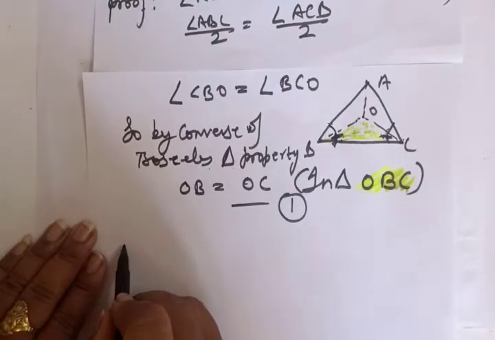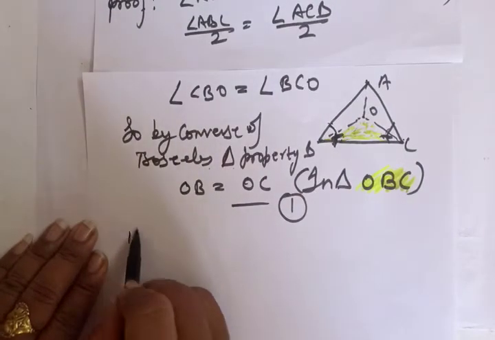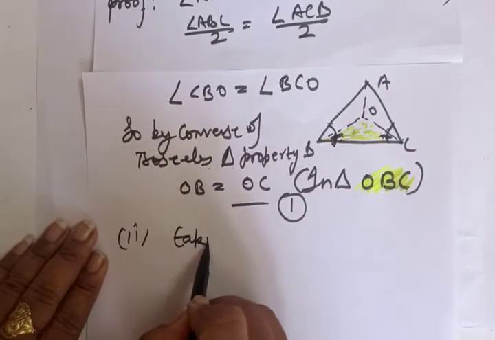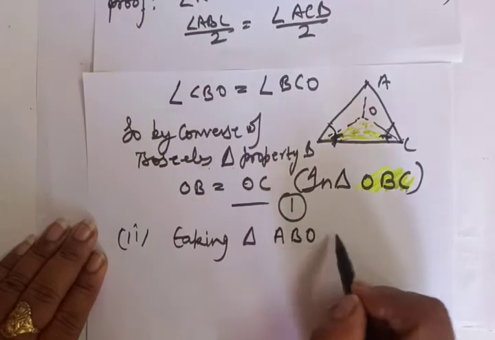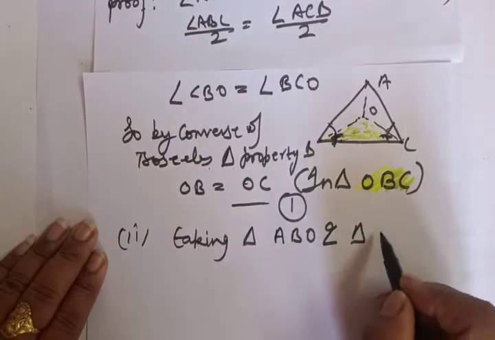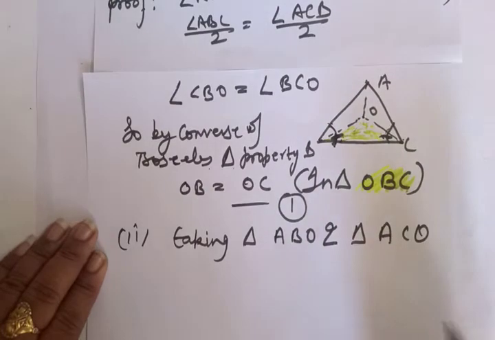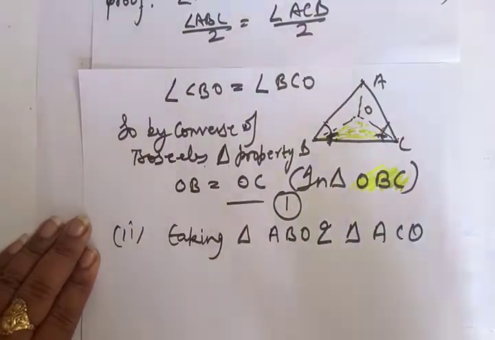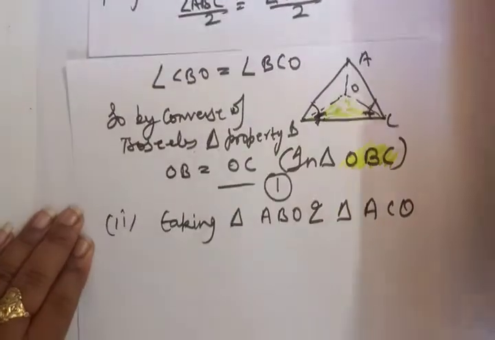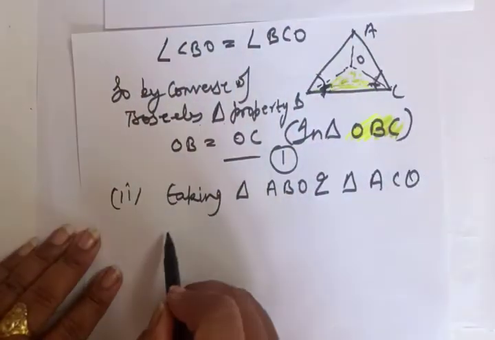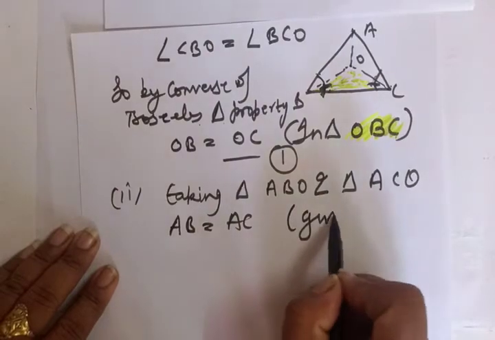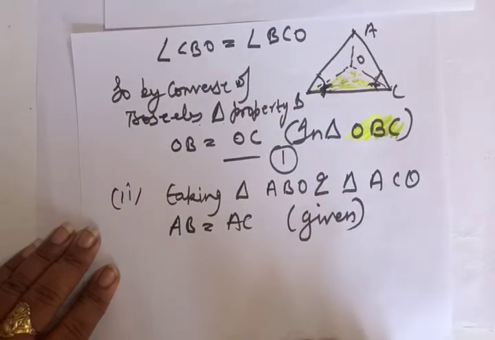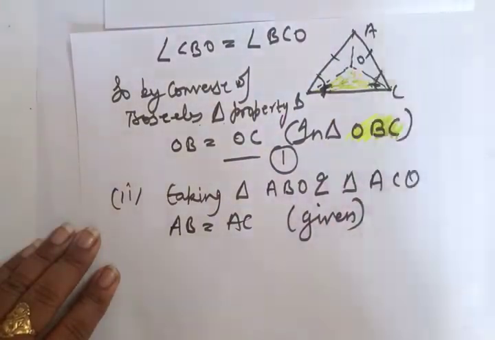Okay. Now come to the second part, that is taking triangle ABO and triangle ACO. Now AB is equal to AC, that is given.